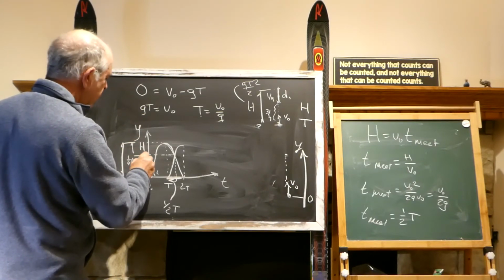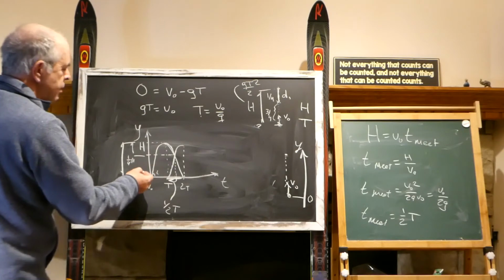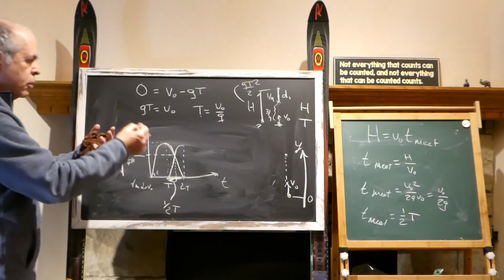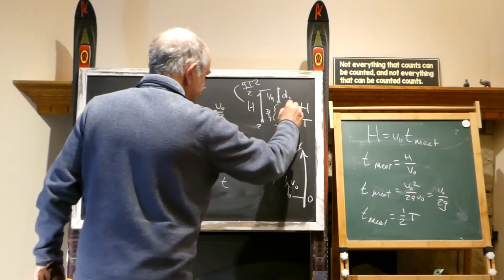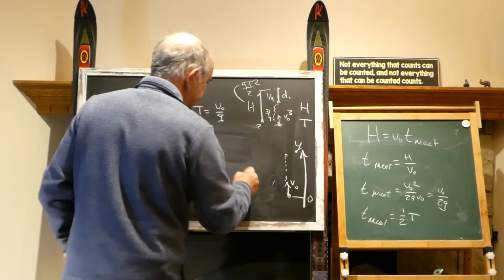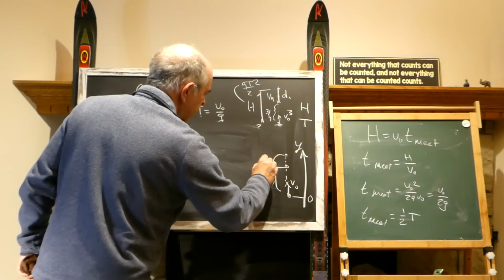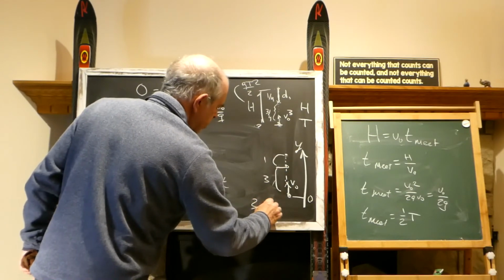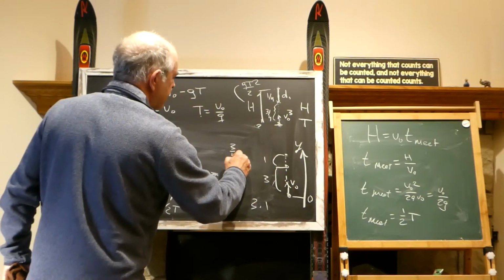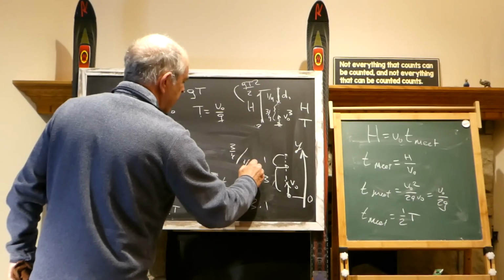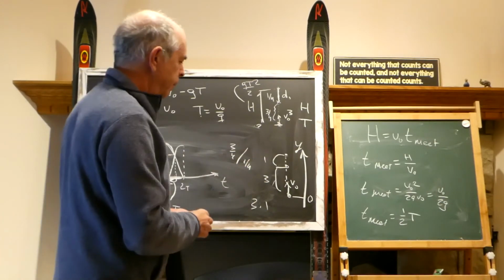So this is 1/4, this is 3/4, and so the distance is 3 to 1. This distance where they meet, the ratio would be 3 to 1, because it is 3/4 over 1/4.